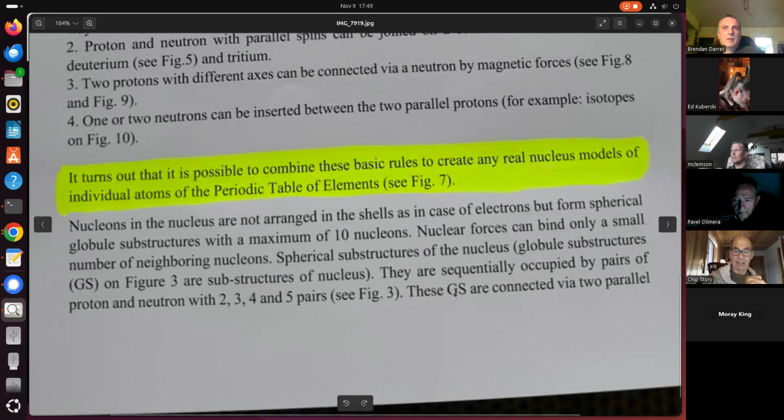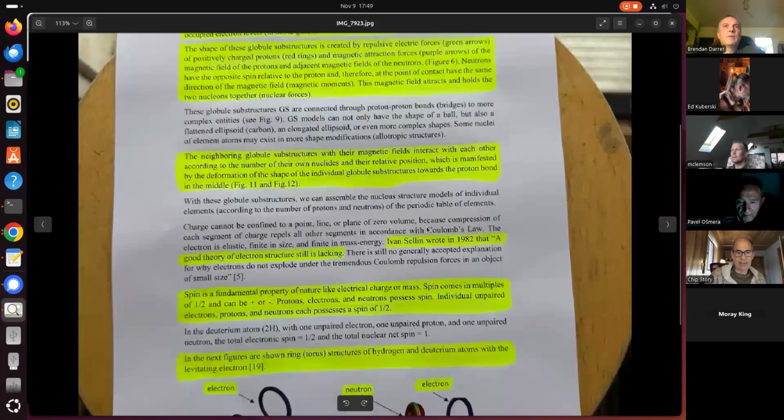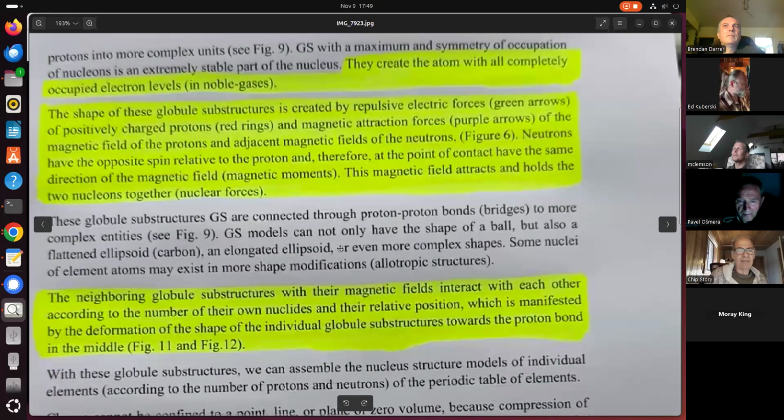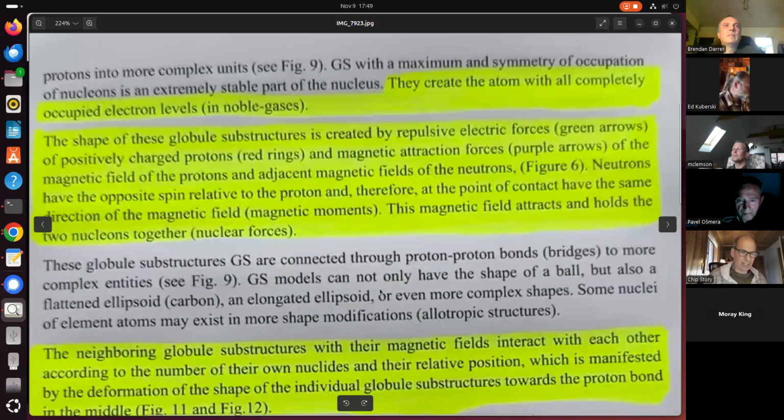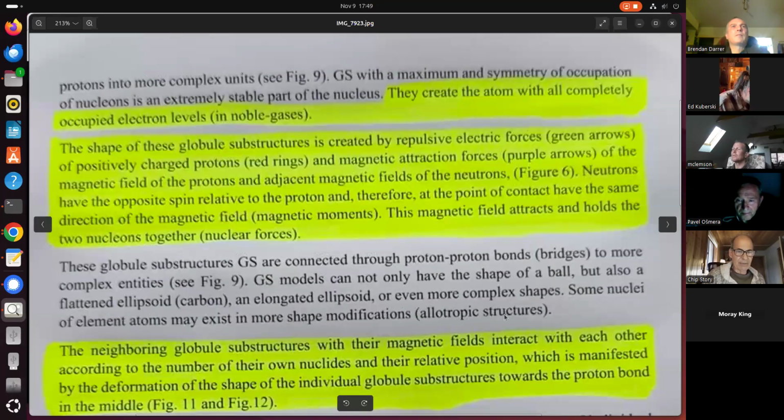The GS globular substructures are connected via two parallel protons into more complex units, shown in Figure 9. The globular substructures with maximum symmetry of occupation of nucleons are an extremely stable part of the nucleus.